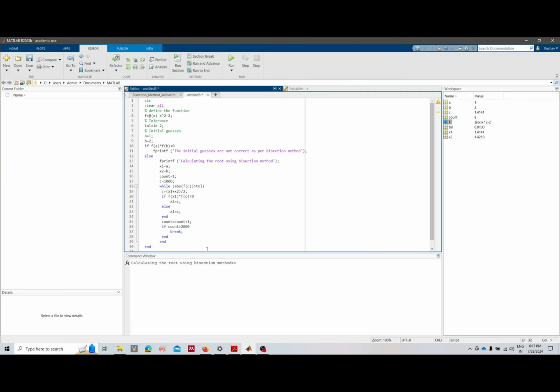Now one more thing I want to add. Suppose the initial guess you made is already a root.